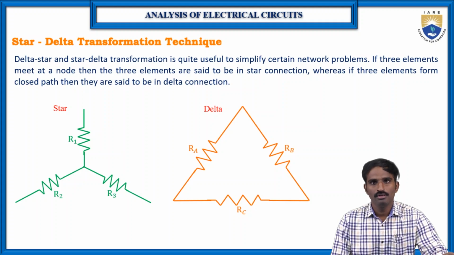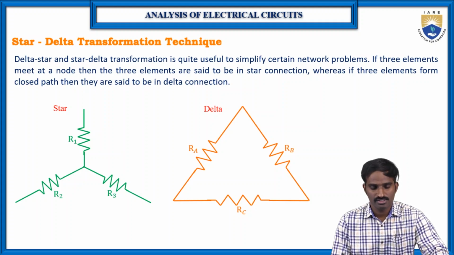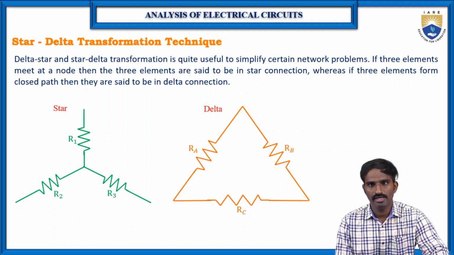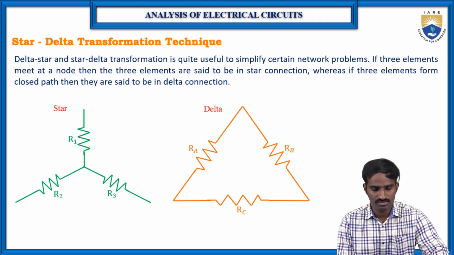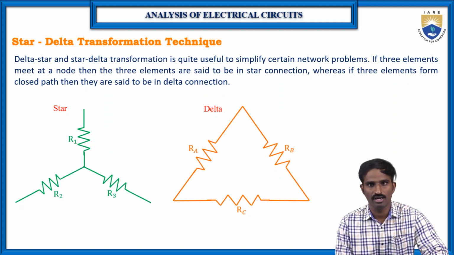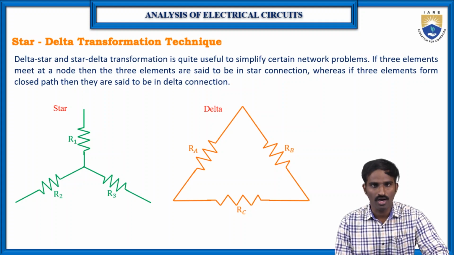Now, in this class, we are going to discuss how we can convert star to delta and delta to star. As you can see in the first figure, this is a star connection. We are transforming this star connection into a delta, so that R1, R2, R3 become RA, RB and RC.